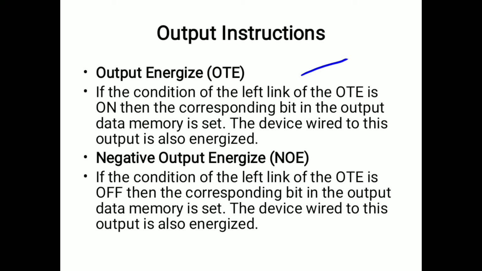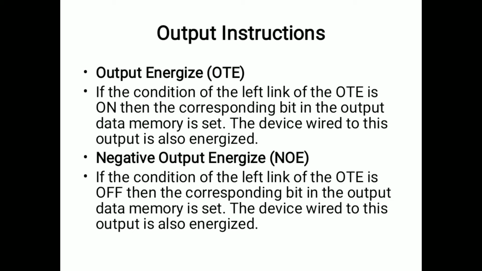If this condition is true, if it is on, meaning there is 1, then data memory will be set, meaning it will become 1, and the device connected to that output will be turned on, energized, and controlled through the OTE instruction.